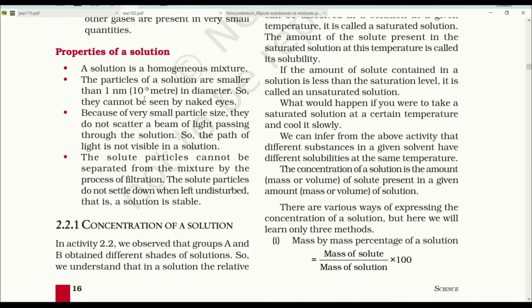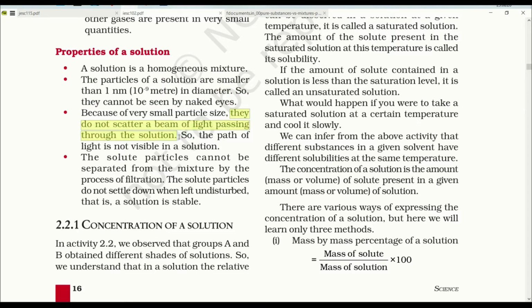Let's see the properties of a solution. A solution is a homogeneous mixture. The particles of the solution are smaller than 1 nanometer in diameter, so they cannot be seen with the naked eye. In a solution, the particles dissolved in the solvent are very minute, smaller than 1 nanometer, and because of this very small particle size they cannot scatter a beam of light passing through the solution.